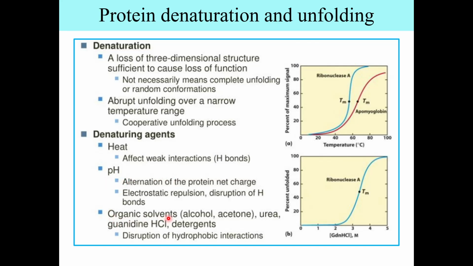There can be organic solvents such as alcohol, acetone, urea, guanidine hydrochloride, and detergents, which disrupt the hydrophobic interactions in the protein. This is guanidinium hydrochloride. As you increase the guanidine hydrochloride concentration, the percentage of unfolded protein also increases, right? This is a sigmoidal curve.